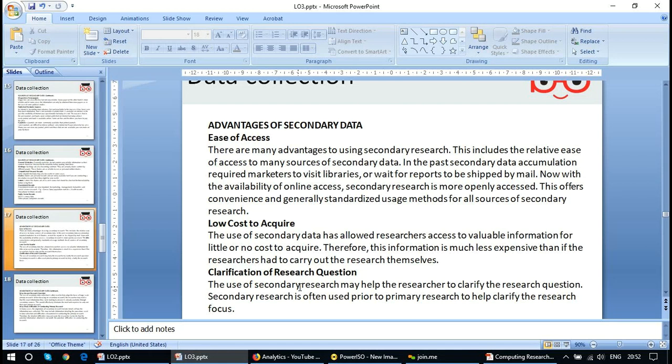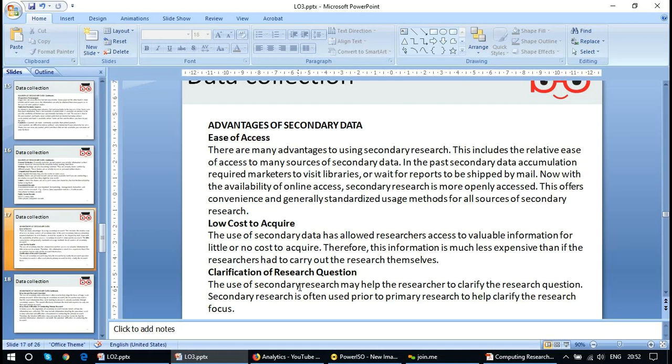Maybe the diaries and letters can be referred to from somewhere, but authenticity really matters, whether it is authentic or not. Anyway, those were the sources of secondary data.